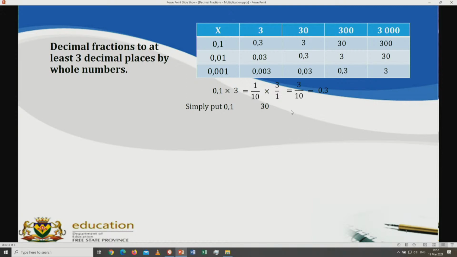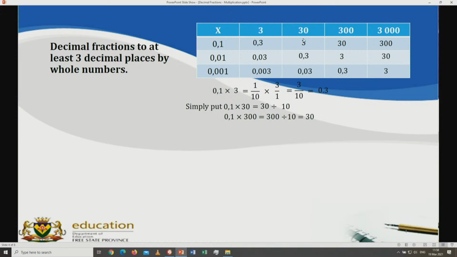Now, when we say simply put, we just mean that 0,1 multiplied by 30 will be equal to 30 divided by 10, because of the tens. Then 30 divided by 10 is how much?